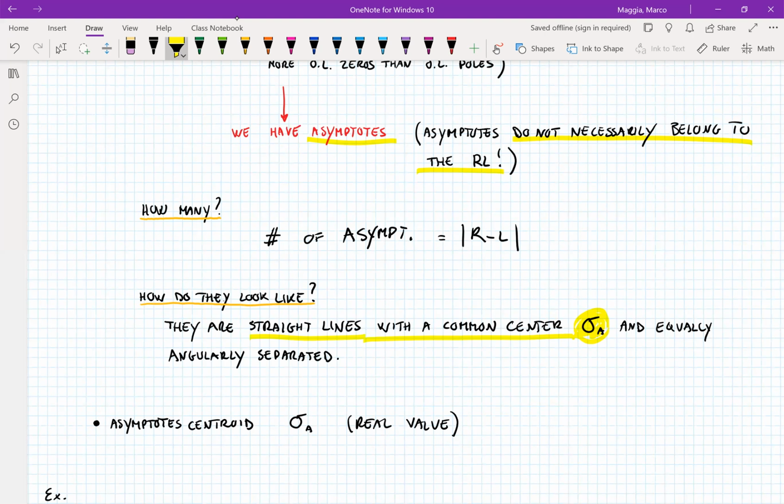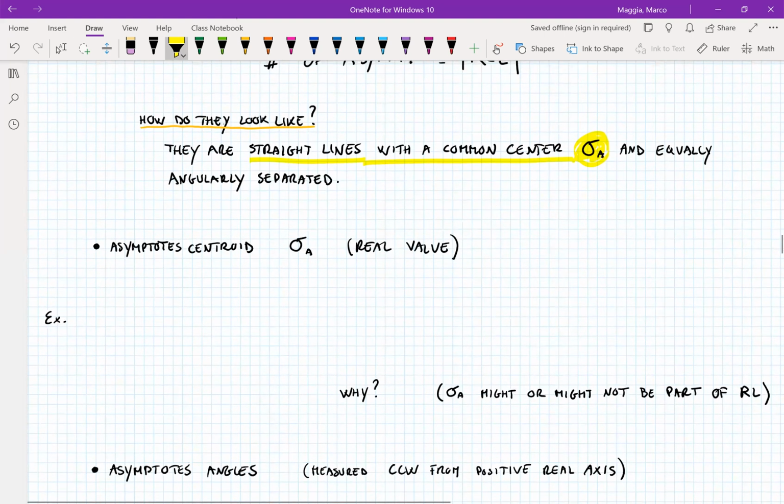What does that mean? We'll see very soon. But first, let's calculate this asymptote centroid so we know where to center these asymptotes. Here we have a formula for calculating this asymptote centroid. And the good thing is that this is a real value.